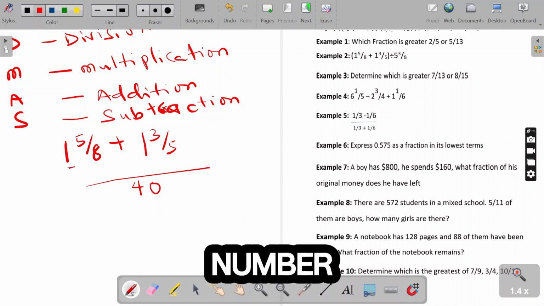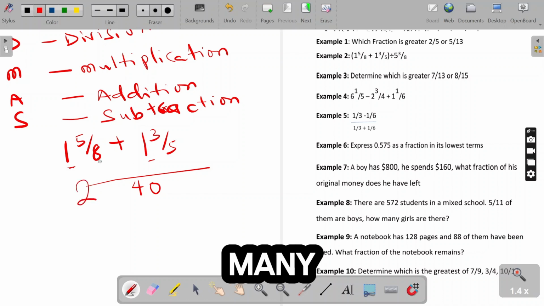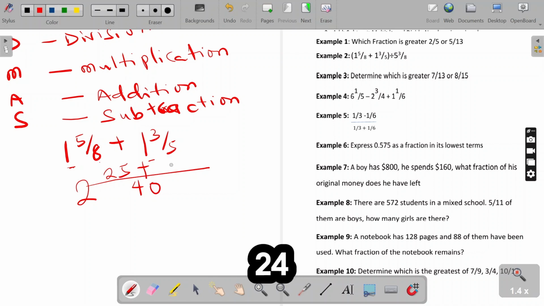Now, this one whole number and this one whole number are standalone. 1 plus 1 gives us 2. Divide the 40 by 8: how many 8 can you find in 40? You can find 5. 5 times 5 is 25. How many 5 can you find in 40? 8. 8 times 3 is 24. So that will give me two whole number 49 over 40.